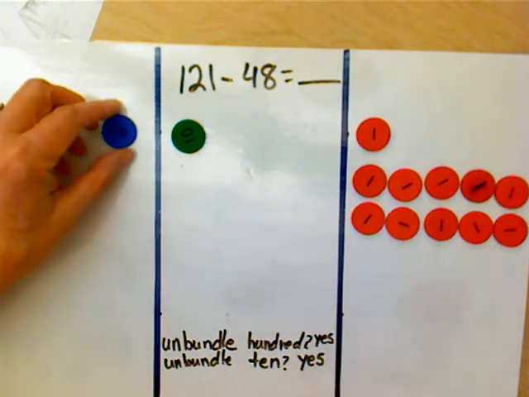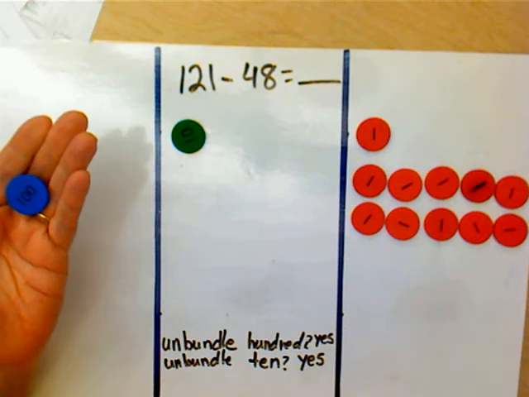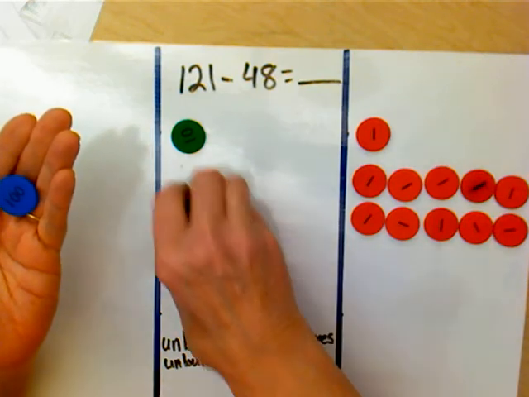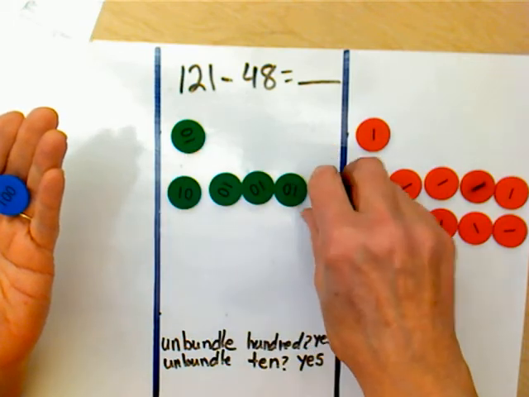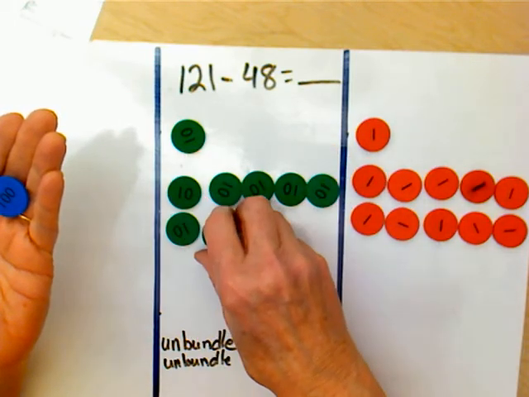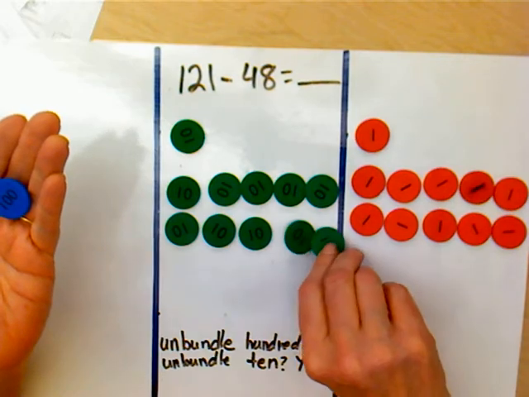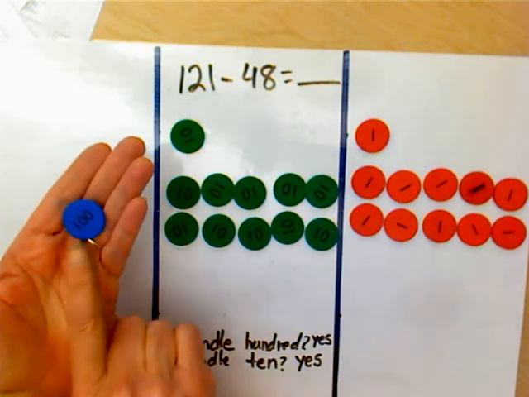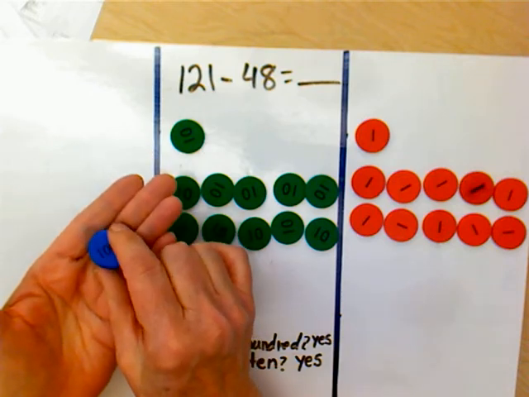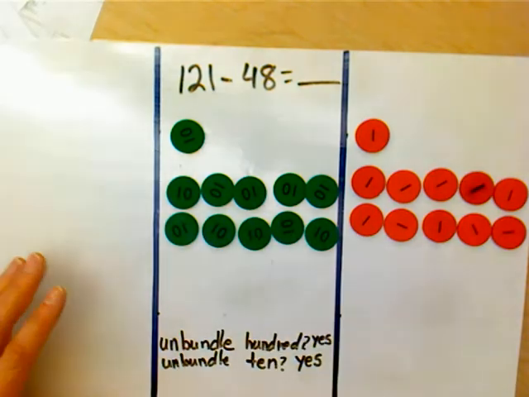So I'm going to take my 100, hold it in my hand, and exchange that for 10 tens. 1, 2, 3, 4, 5, 6, 7, 8, 9, 10. So 10 tens is the same as 100. So I now have decomposed or exchanged or unbundled that 100 for 10 tens.